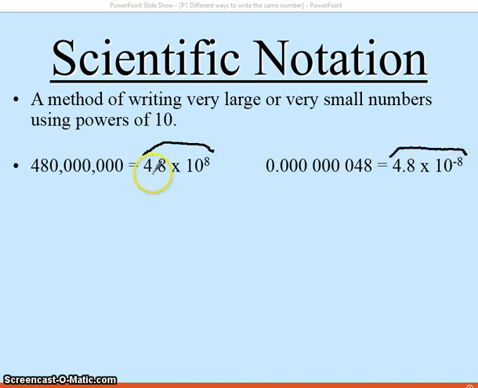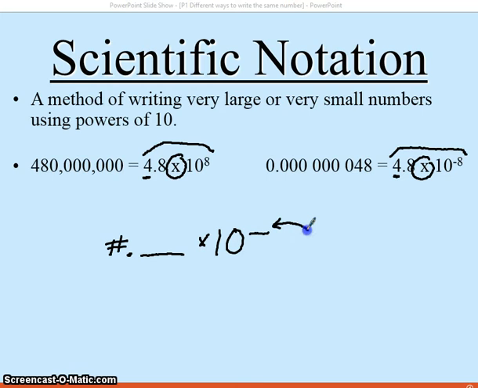The rules for scientific notation are you can only ever have 1 digit to the left of the decimal. So you have to have a number point, and you can have as many numbers here as you want that are not zeros. Then you always have multiplication of a power of 10 to an exponent.